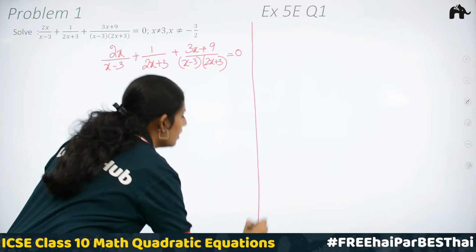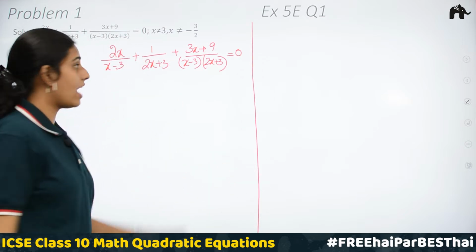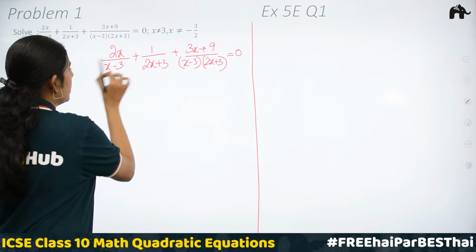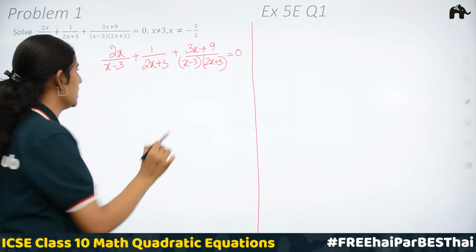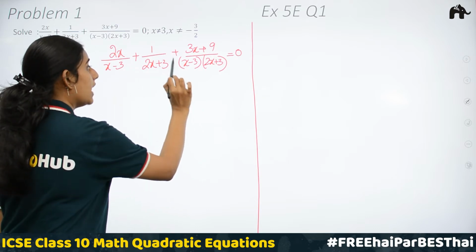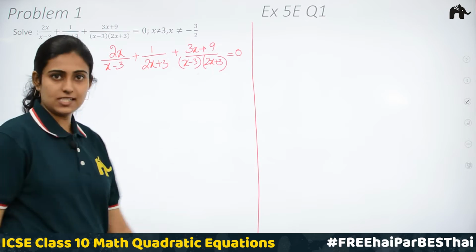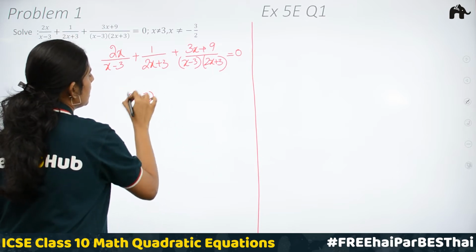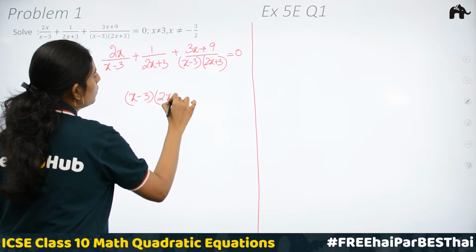Okay. What is the first step? We have to take the LCM from these terms. Here in the denominator we have x minus 3. Here it is 2x plus 3. Here we have both x minus 3 and 2x plus 3. So the LCM is x minus 3 into 2x plus 3.